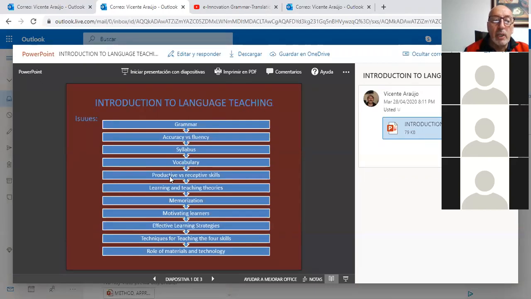More discussion about productive versus receptive skills. What are more important? Well, it depends. Some say productive are better, others say receptive are better. Others, on the contrary, say it depends on the interests and needs of the speakers.